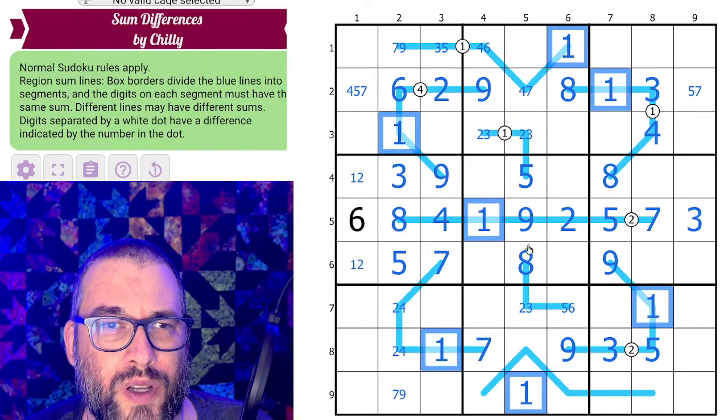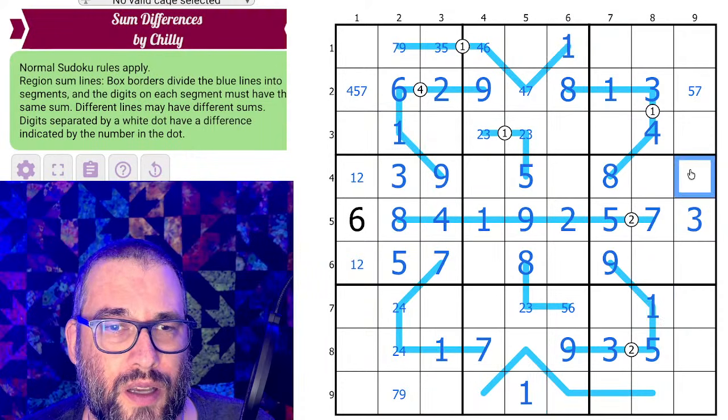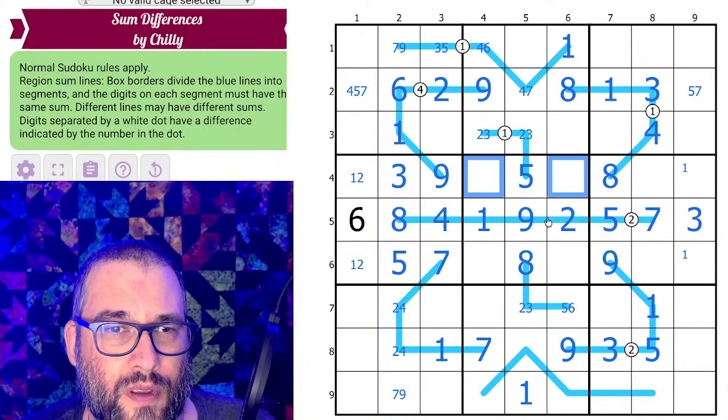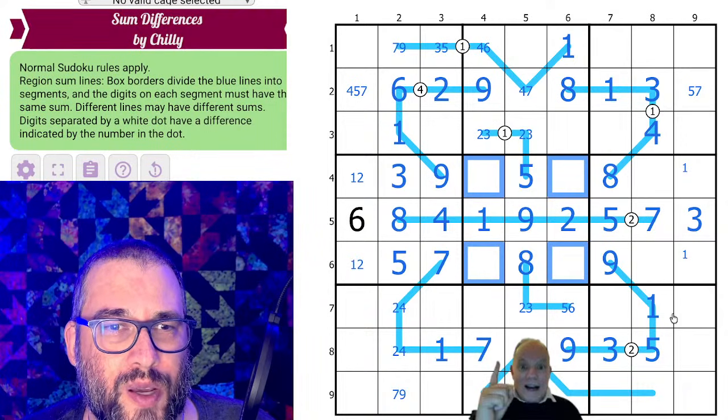Was that our last one? No, it wasn't. Oh, I see. What have we got left in box 5?